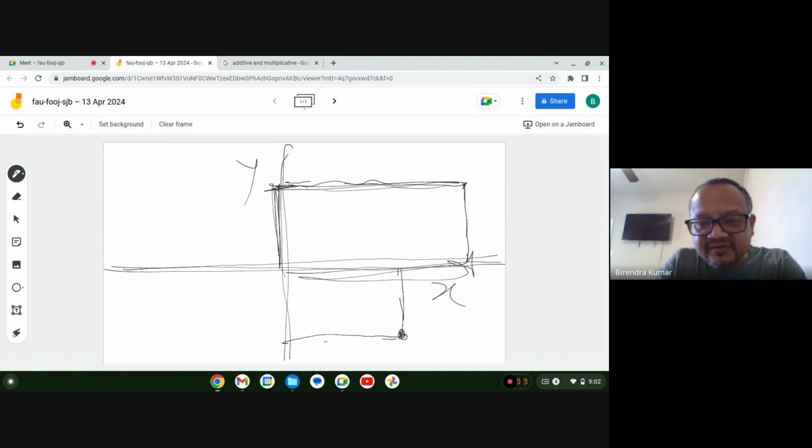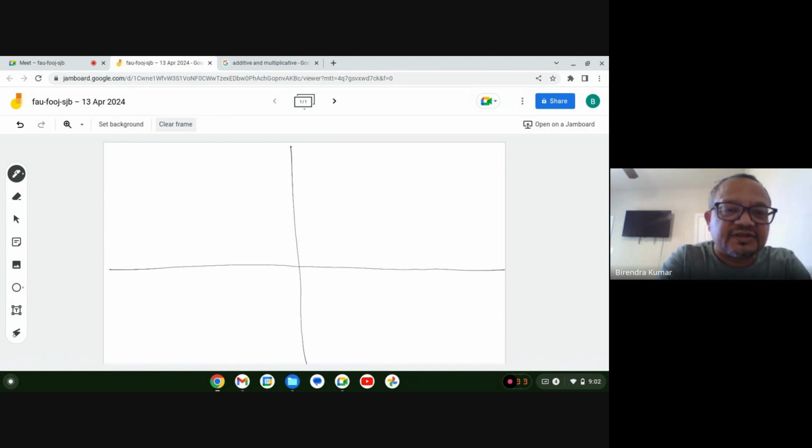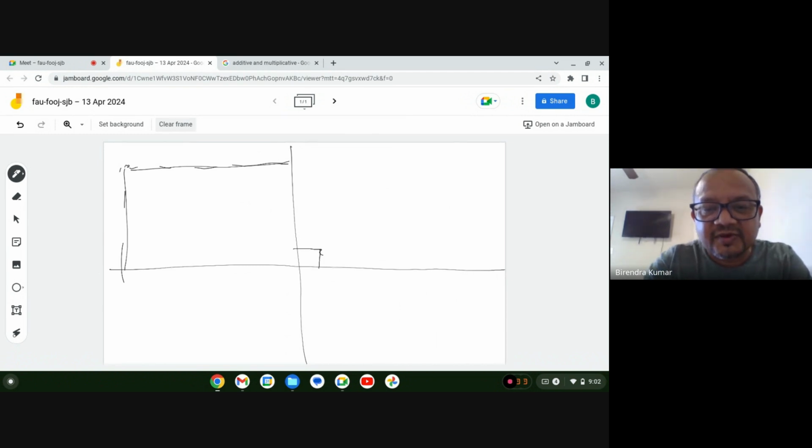Basically, it gives you a reference frame against which you can locate any point. Before I go further, so far this graph helps you locate any point against the x and y axes.